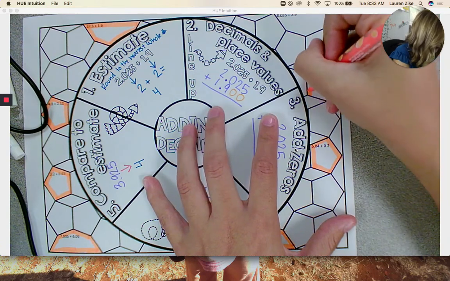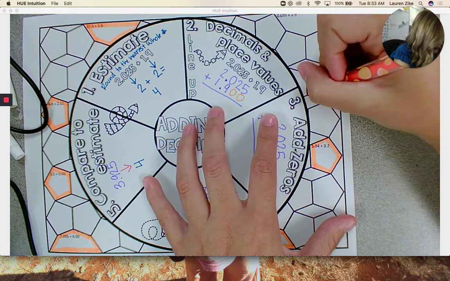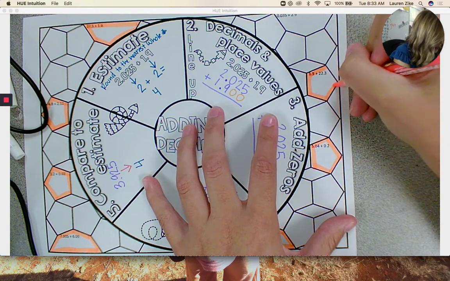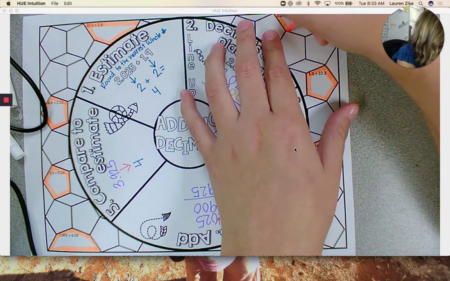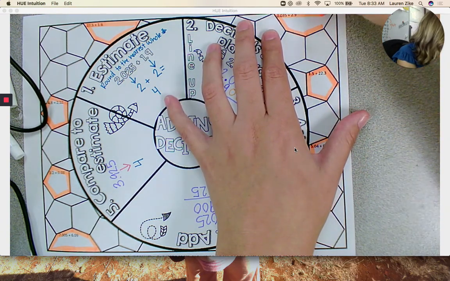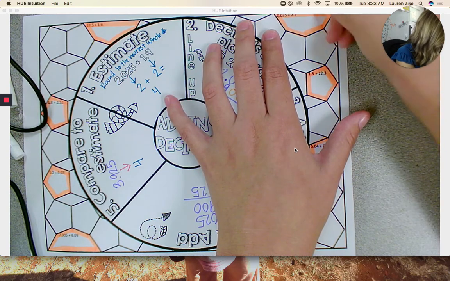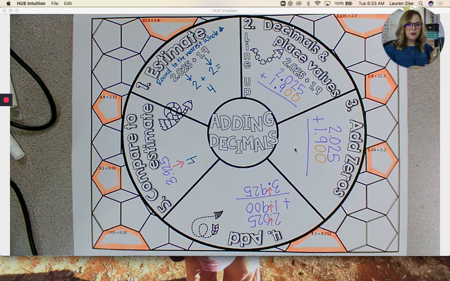You also do not have an exit ticket today for adding decimals since we already did an exit ticket for it. So all 4 of those orange spaces are your independent practice.